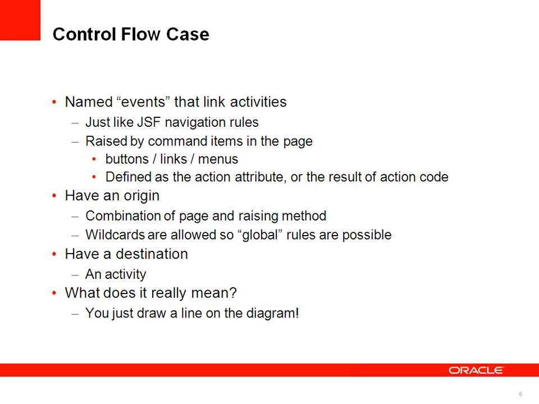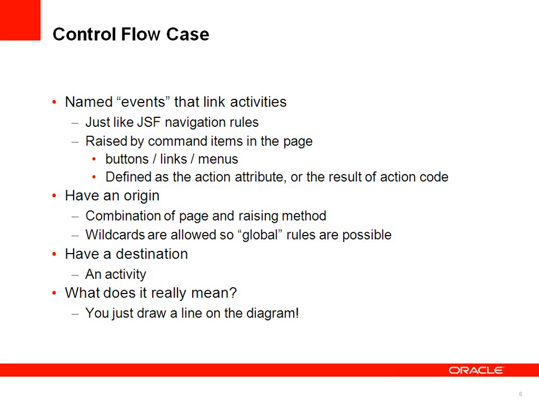So you have an origin, which is a page, and this origin raises the navigation event, and it does so by using a command item like a command button. And if this button in its action property has the name of the event, then JavaServer Faces continues navigation to the destination, to the other end of the definition there.